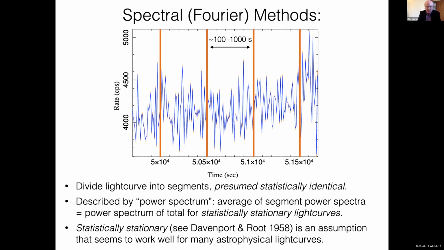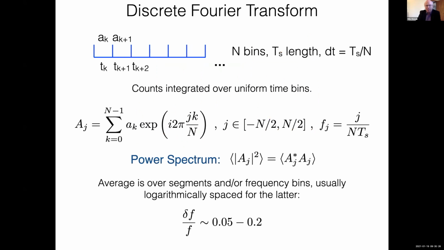But for purposes of this talk, what we really mean is that each of these individual segments is a fair statistical sample of the overall light curve. And rather than doing a continuous Fourier transform, we're going to do a discrete Fourier transform, applying this transform to counts in individual time bins rather than a continuous function.